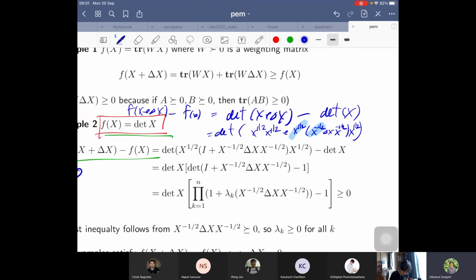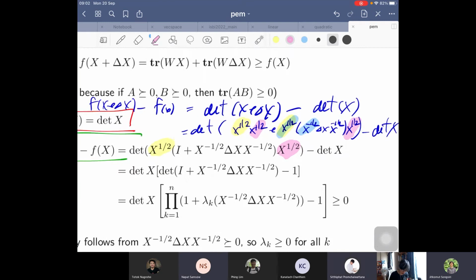Then I factor out the common factor to the front and to the back, and this common factor is the square root of X. Everyone follow?